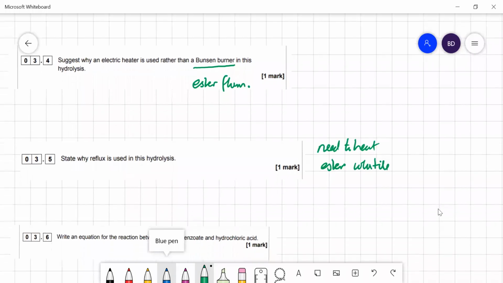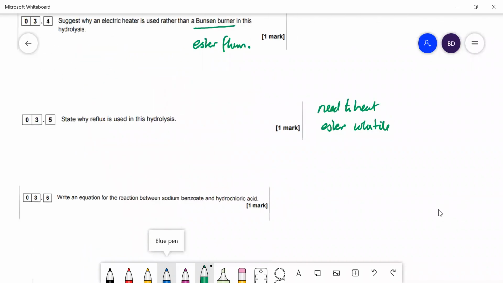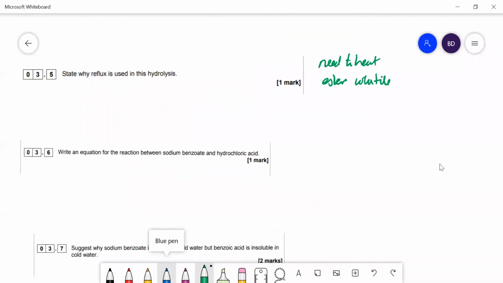Okay. Write an equation for the reaction between sodium benzoate and hydrochloric acid. Okay, so sodium benzoate is going to be, I'm going to write the phenyl group as C6H5, and then you've got, right, so that's the sodium salt of benzoic acid.